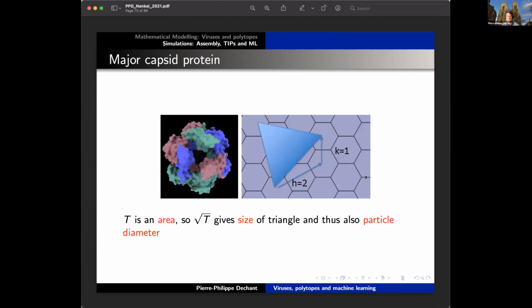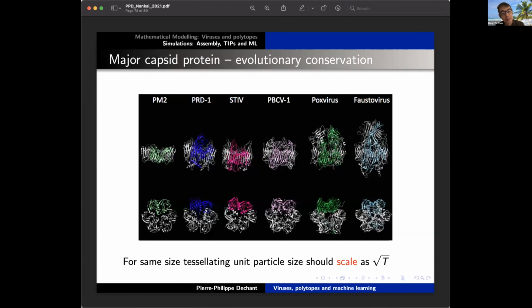So I can maybe show some of them. As building blocks, they all seem to have a similar hexagonal shape and size, and they're the sort of fundamental tiling unit. And that probably doesn't change very much, because if you evolve away from that, it stops being able to assemble, and then obviously the virus dies out. So maybe that's heavily evolutionarily conserved.